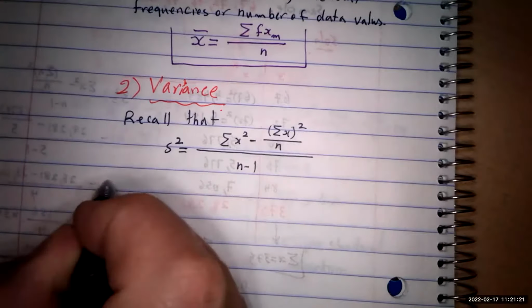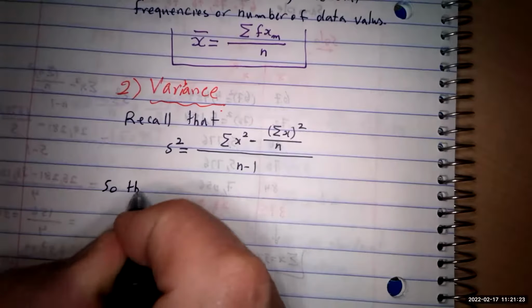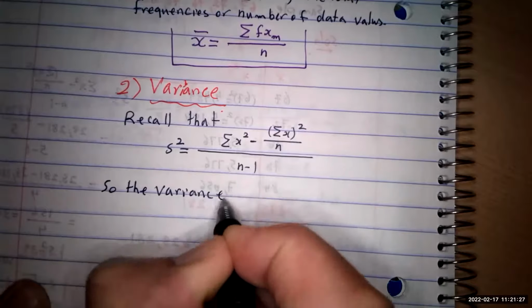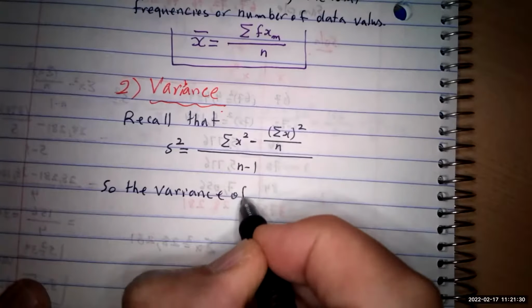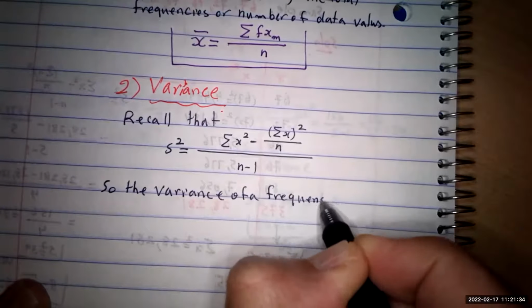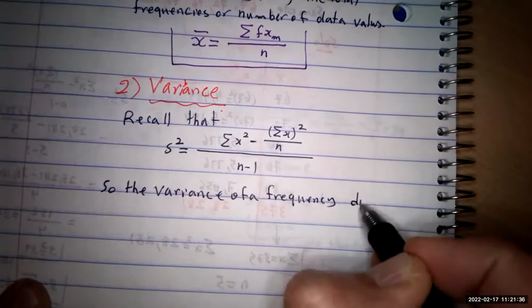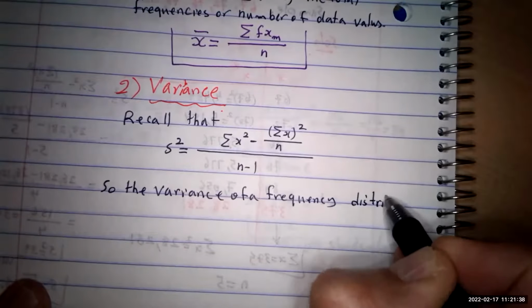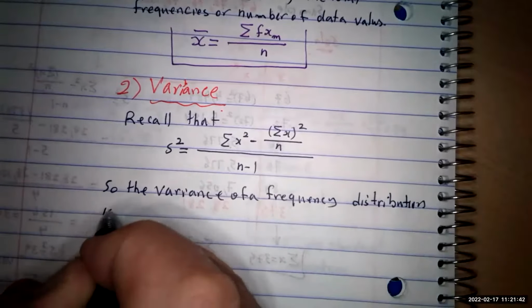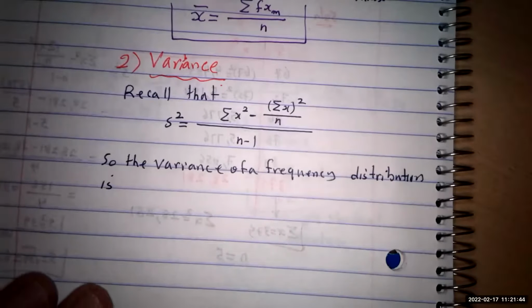So the variance of a frequency distribution table is going to be this formula.